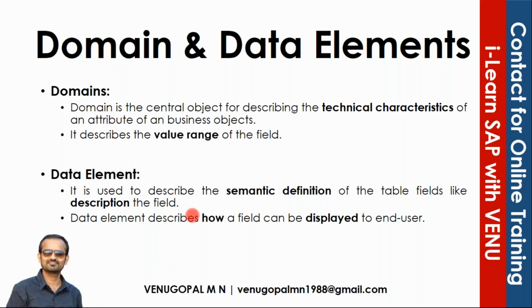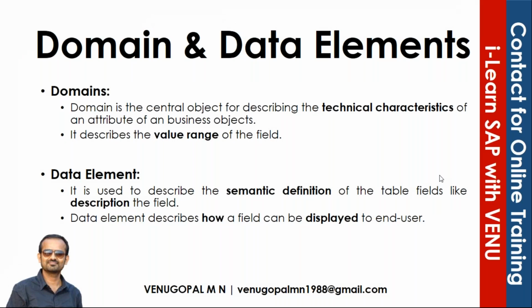It talks about the look and feel of your technical field. Got it? So domains predominantly deal with technical characteristics, whereas a data element defines how this particular field has to be presented to the user. I hope this is clear for you guys.